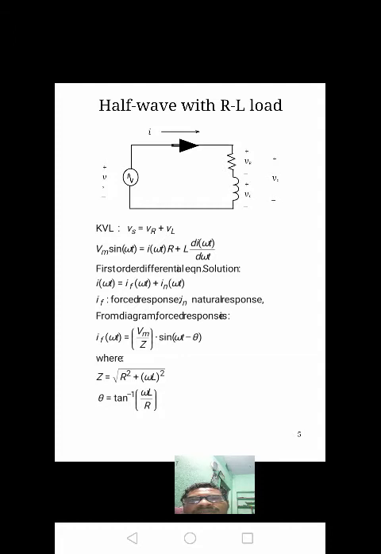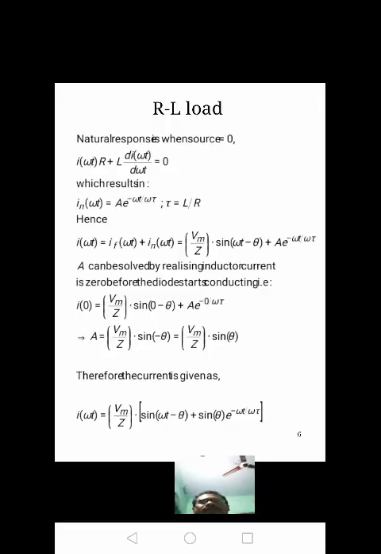If is the forced response, in is the natural response. From the diagram, the forced response is if of omega t is equal to Vm by Z into sin of omega t minus theta, where Z is equal to square root of R square plus omega L whole square. Theta is equal to tan inverse of omega L by R.